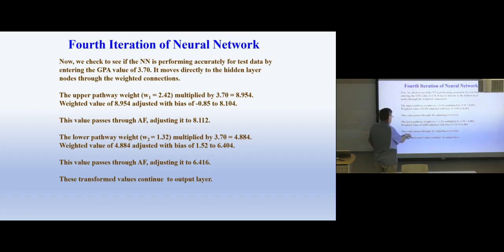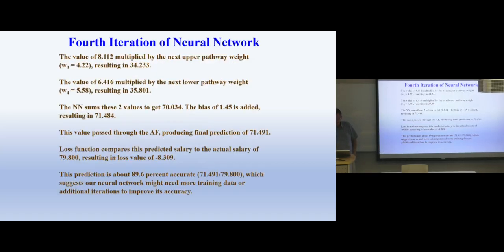Lower pathway does this, just 6.14, transferred values continue to the output layer. And I have minus 8.309. So I say the prediction is about 89.6% accurate, 71.49 divided by the 79.8. And so if fixed, the neural network might need a little bit more training data. That's exactly how one of these things works.